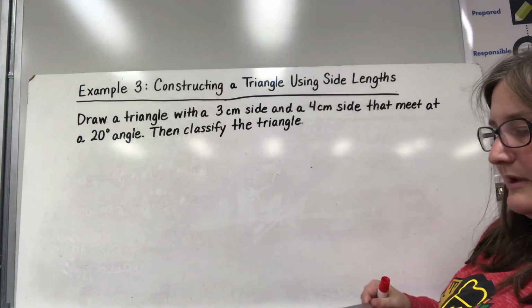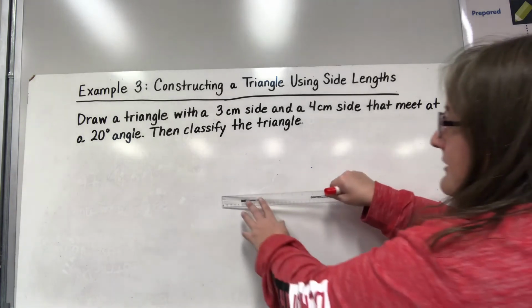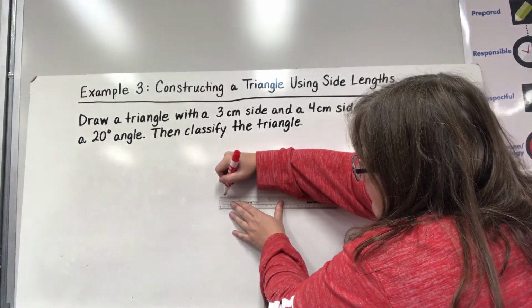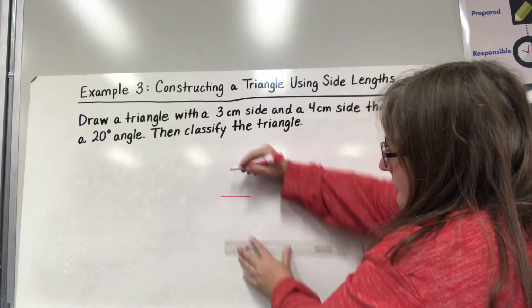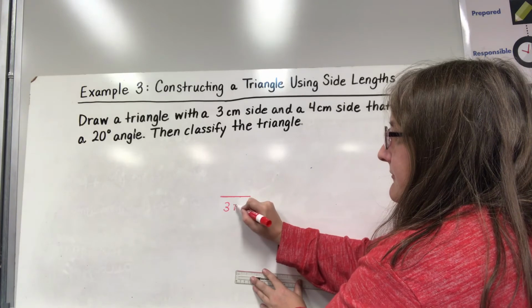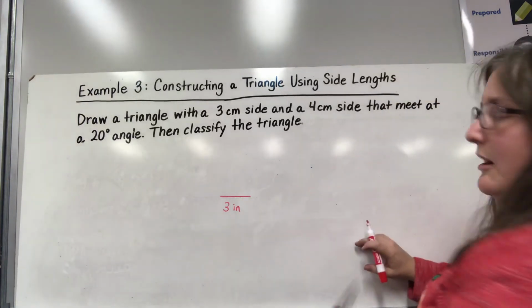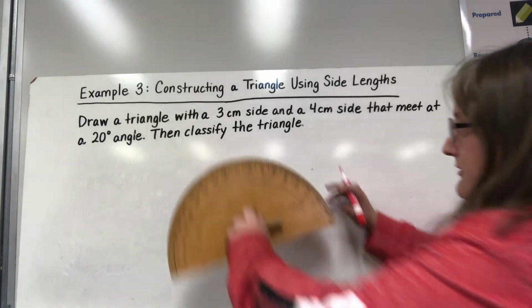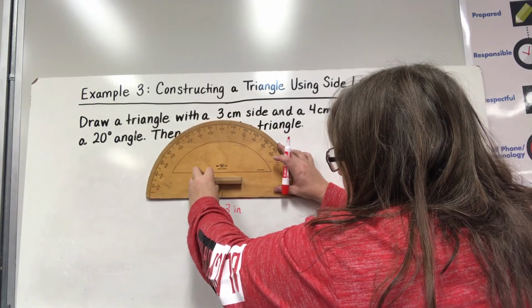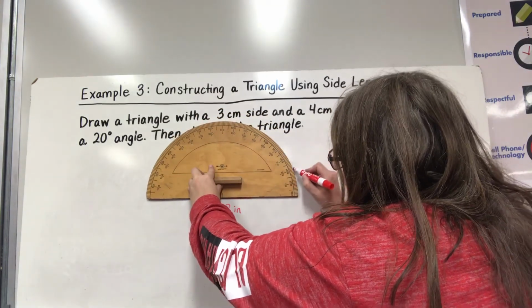So for my 3 centimeter side, I've got to set up my ruler here, and I'm going to make a side exactly 3 centimeters, or in my case, 3 inches. Now I'm going to create a 20-degree angle. So I'm going to measure 20 degrees here.